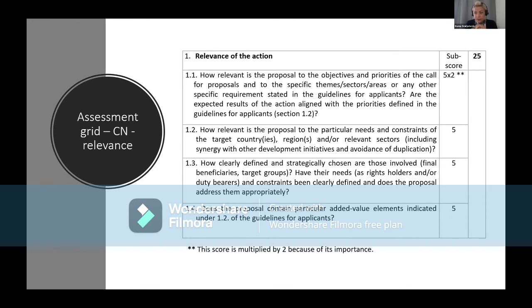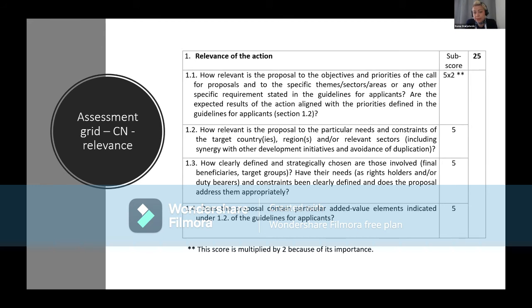For the other 3 subsections of the relevance of the action, the maximum subscore is 5. The second one is the relevance of your proposal to the particular needs and constraints of the target countries, region, or relevant sectors, including synergy with other development initiatives and avoidance of duplication that we already stressed earlier.